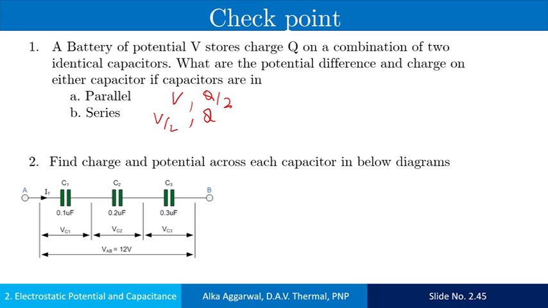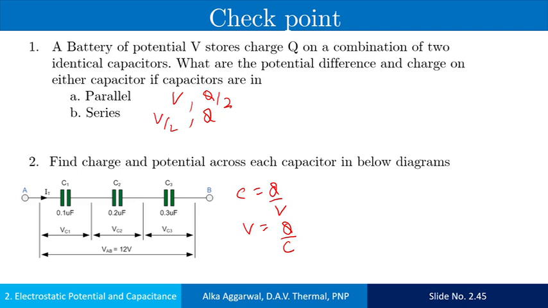In this diagram, the capacitors are arranged in series. It means the same charge is flowing through all the capacitors. And to find out the potential, use the relation C equals to Q upon V. So V is equal to Q upon C. So in this case, first find out the equivalent capacitance, and 1 upon C equivalent is equal to 1 upon C1 plus 1 upon C2 plus 1 upon C3.